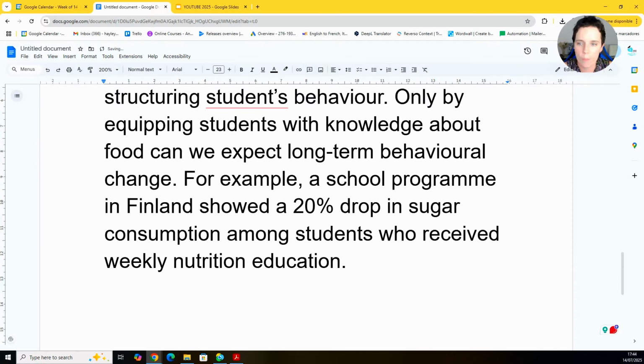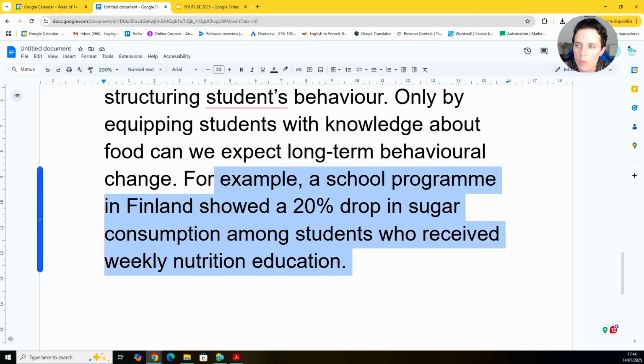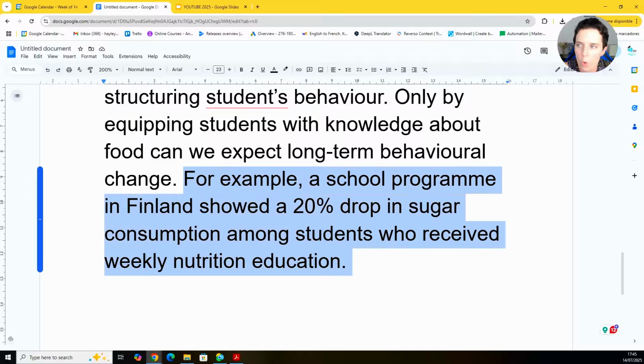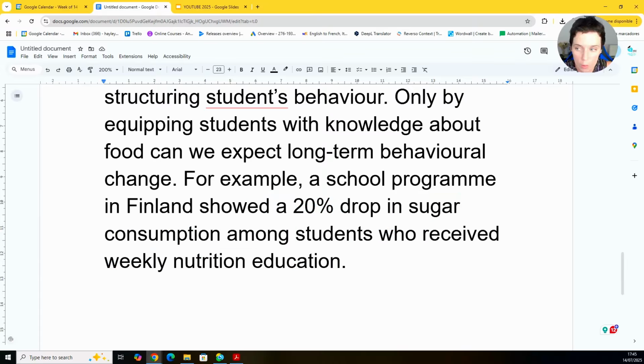Let's see. I could put... do you know what would be nice actually? Here. I could even say, I could get a third conditional form in here if I say what would have happened if these students didn't have education. Okay.